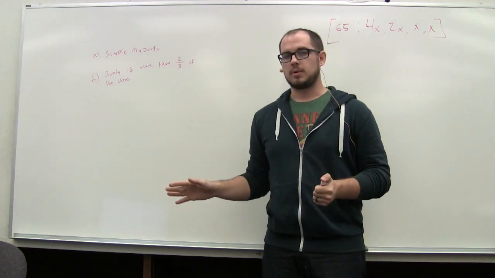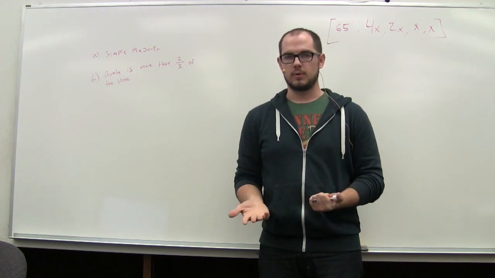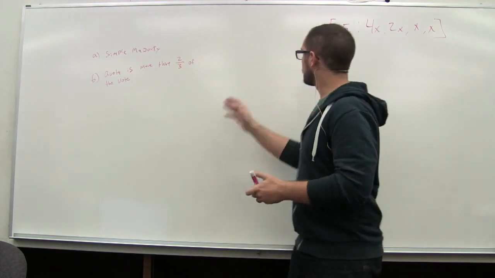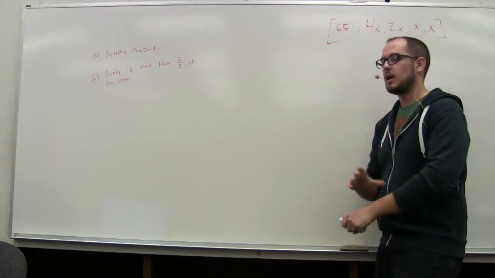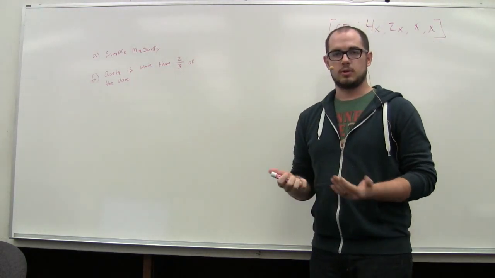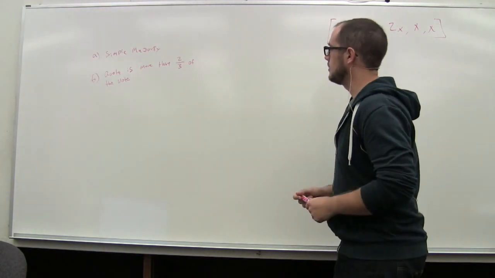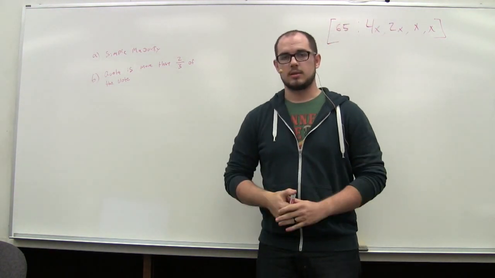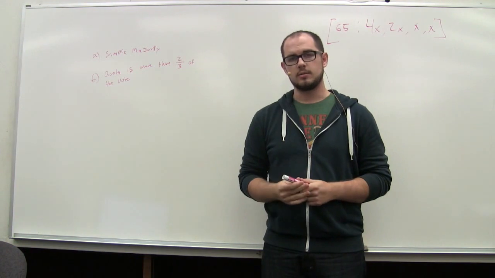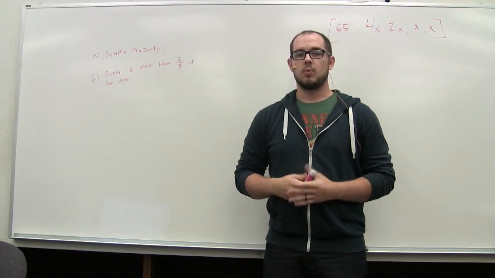Before we start this problem, we need to know 2 things about weighted voting systems. First of all, if we add every player's weight, the total weights equals the total number of votes. That will come into play a little later on. We also need to understand what a simple majority is. A simple majority is simply 1 more than half.